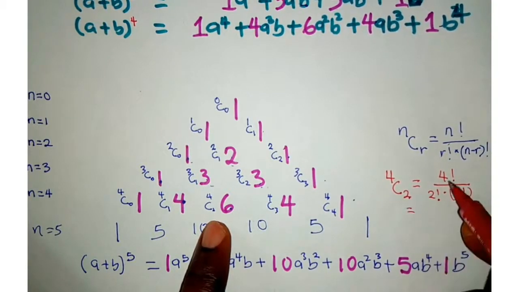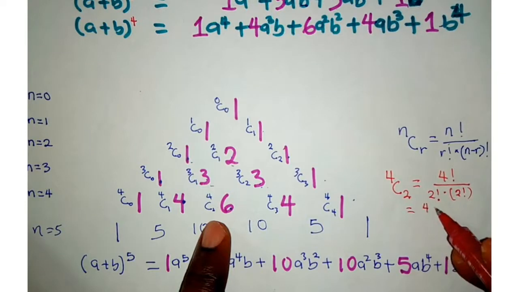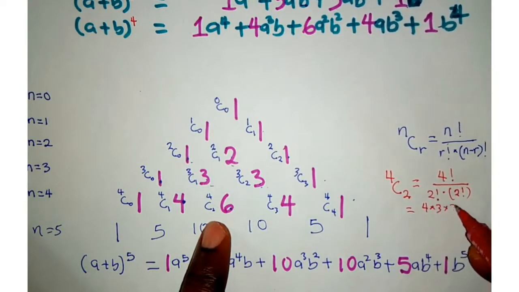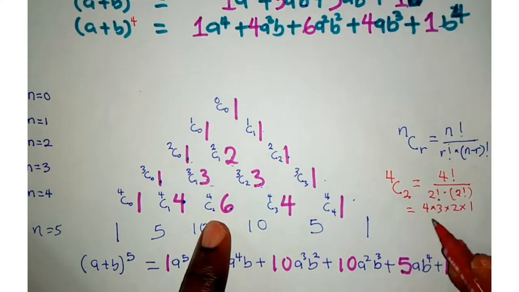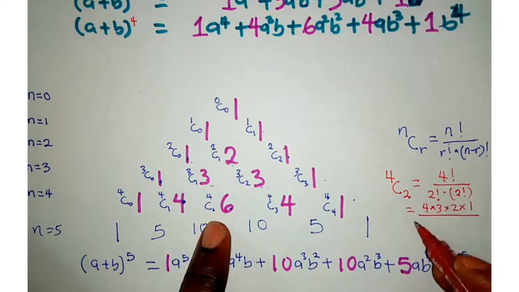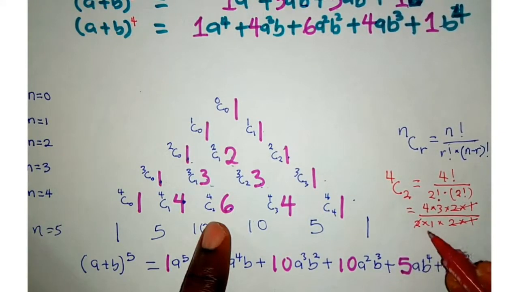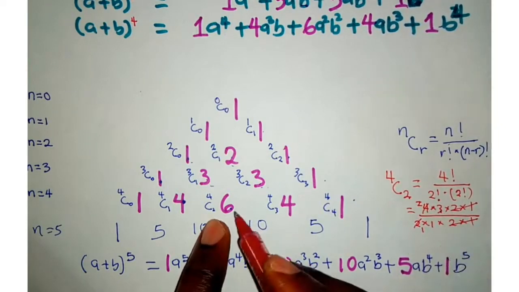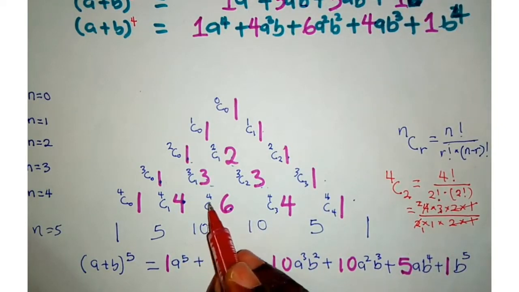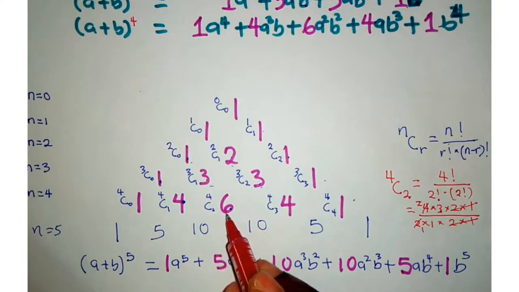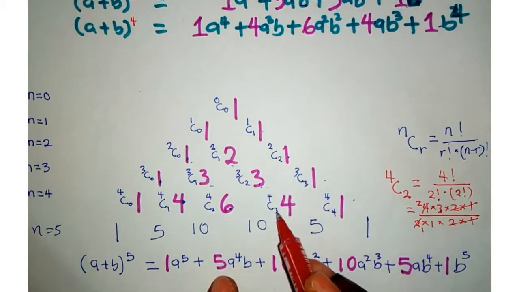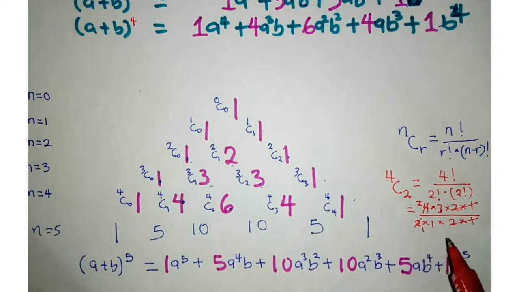And this is equal to, by definition, 4 factorial is 4 times 3 times 2 times 1 over 2 factorial is 2 times 1 times 2 factorial, which is also 2 times 1. So this cancels this. 2 into 2 is 1. 2 in 4 is 2. So 2 times 3 gives us 6. So we have shown that 4 choose 2 equals 6. And likewise, 4 choose 3 gives us 4.